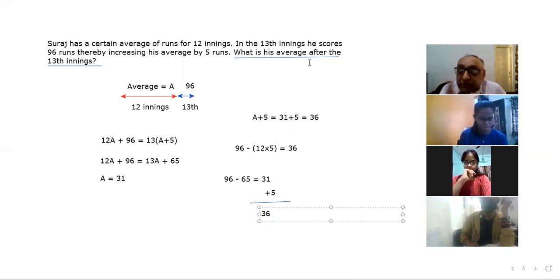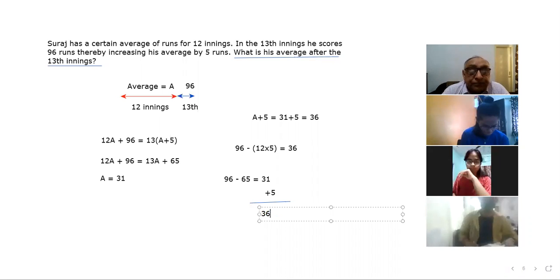Now 5 per inning has been increased, so that's why it becomes 36. Not an issue. Okay, now clear. So let me move to the next question.